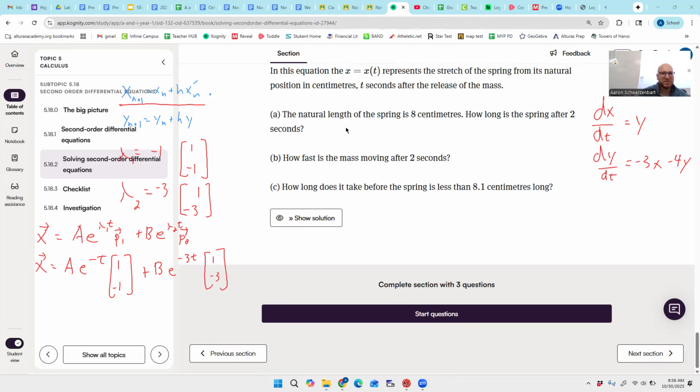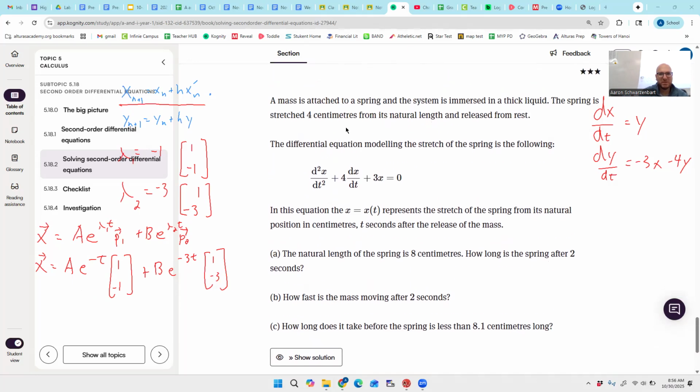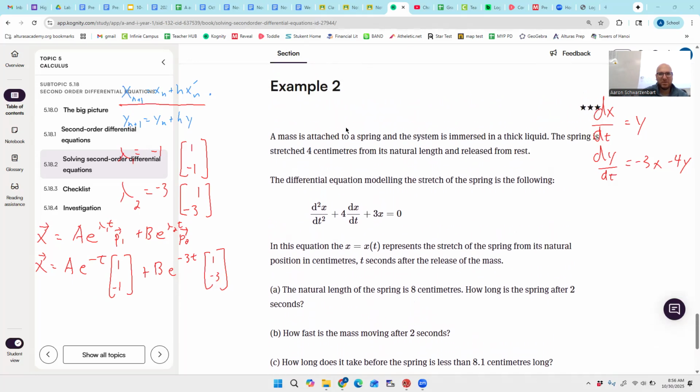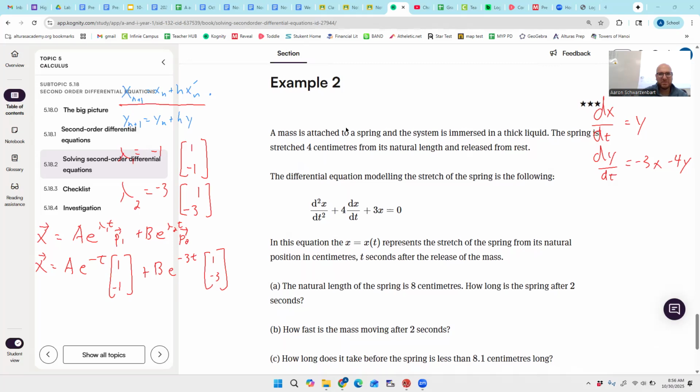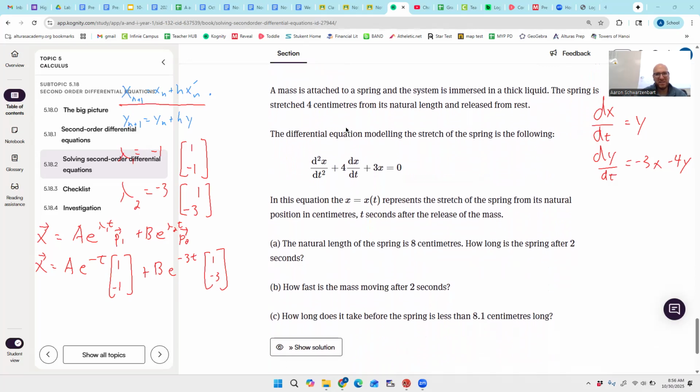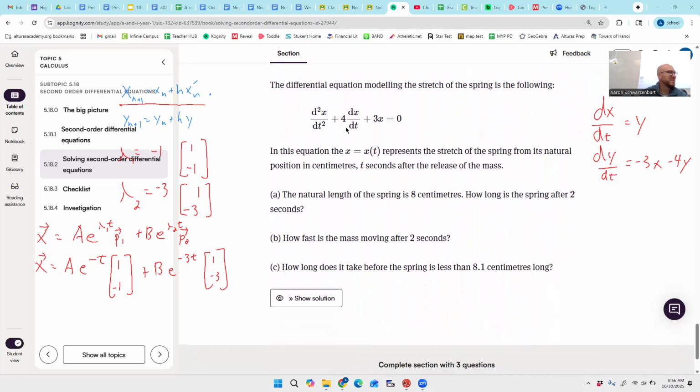Let's see, what information do I know? The spring is stretched to 4 millimeters from its natural length and is released from rest. That means my initial conditions for t equals 0, the stretch x is 4. Remember, y is representing velocity. If it's released from rest, that means y is 0. The velocity is 0.